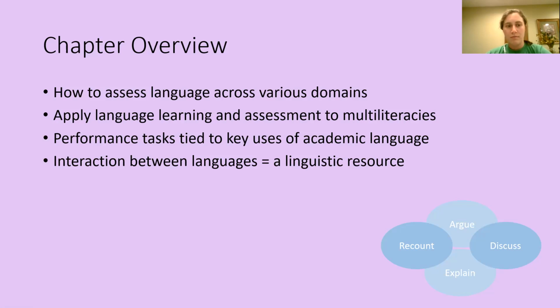And it says that performance tests should be tied to the key uses of academic language. And these are based on the WIDA standards, and they include recounting, arguing, discussing, and explaining. And lastly, it talks about cross-linguistic transfer, or the interaction between languages, and how the various languages that a student has are linguistic resources.